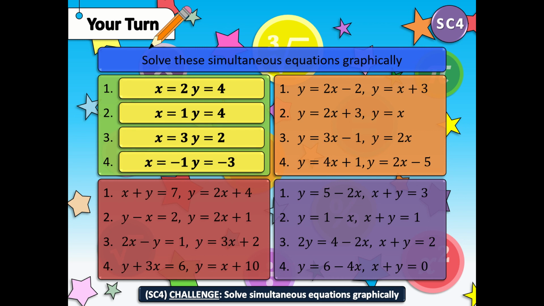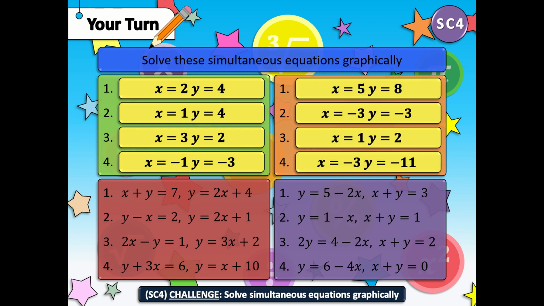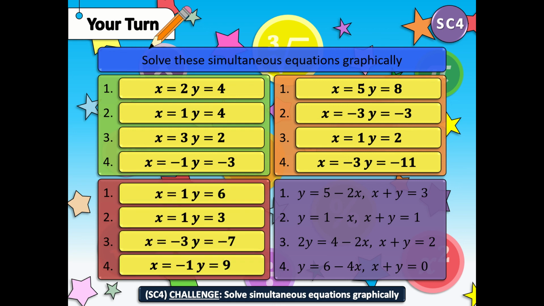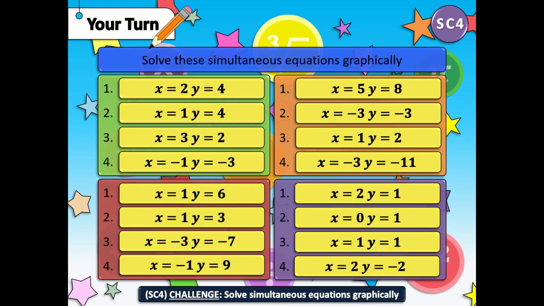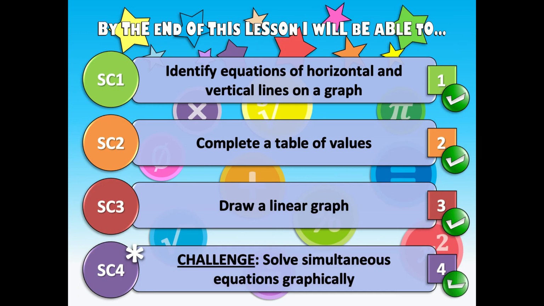So there's your green answers. There's your amber answers. There's your red answers. And there's your purple answers. So now we've completed success criteria 4.